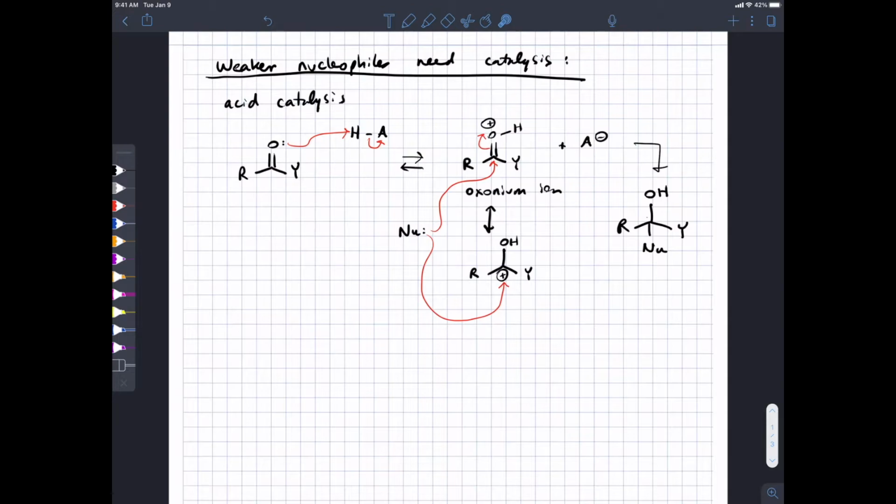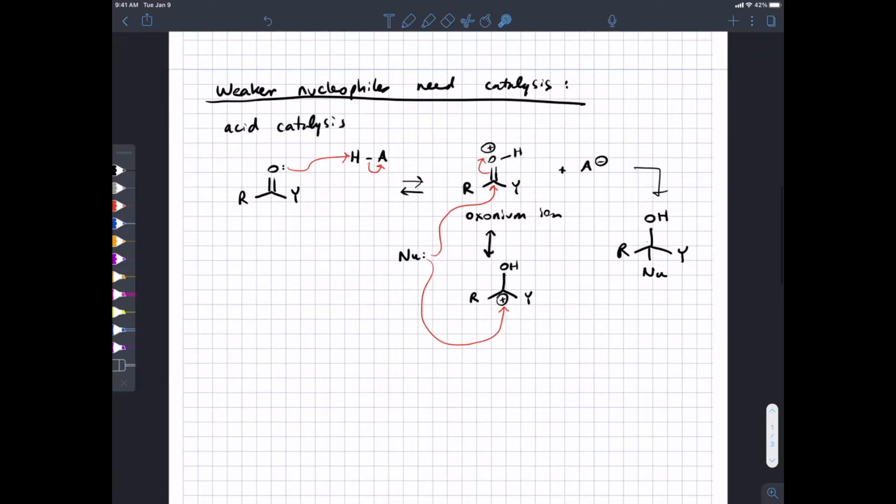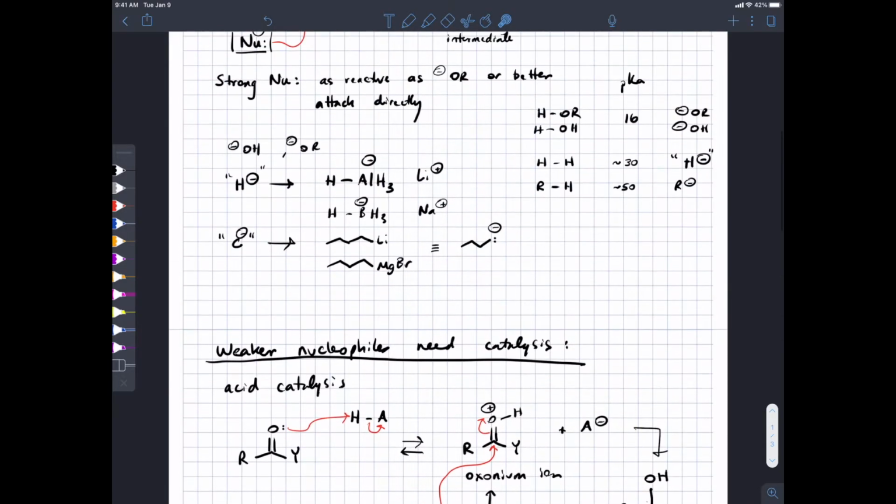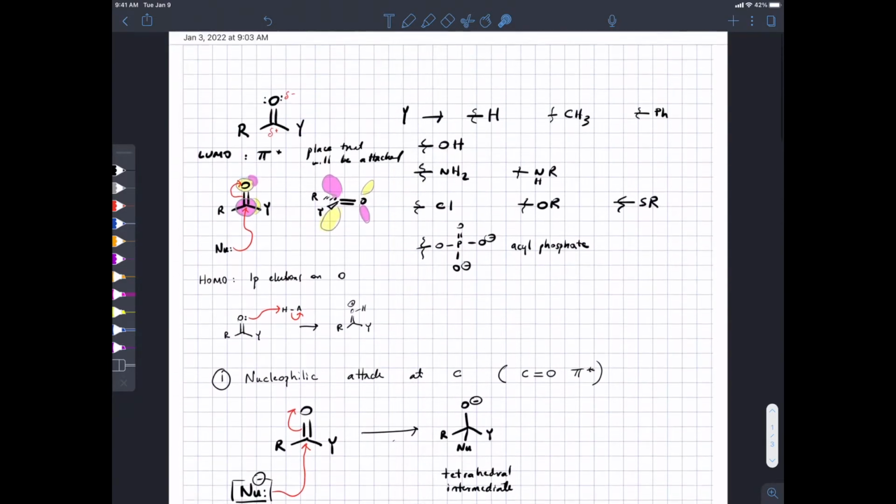Don't be shy. Yes? Are these both SN1 reactions because they have intermediates? Okay, so the question is, are these both SN1 reactions because they have intermediates? They are not. Well, it's a whole family of reactions, and if you want to classify them, these are either addition reactions or substitution reactions.